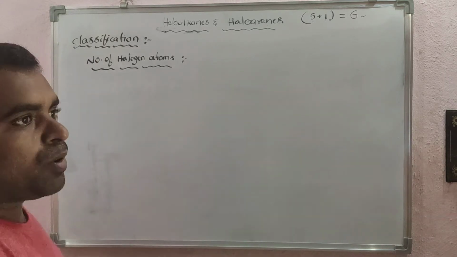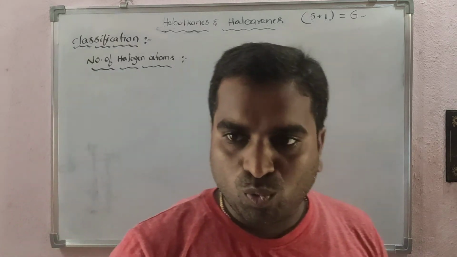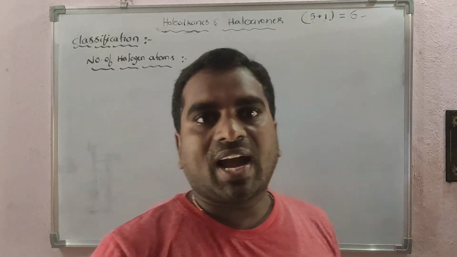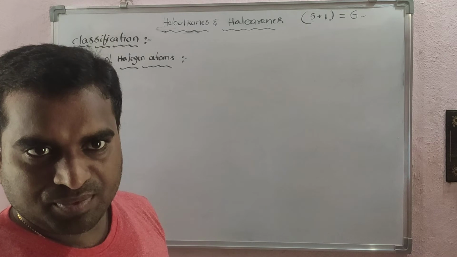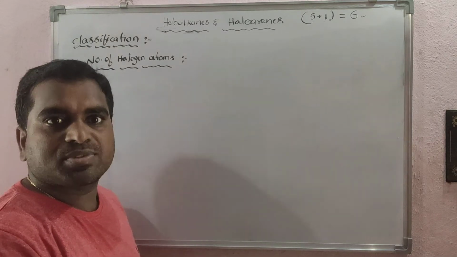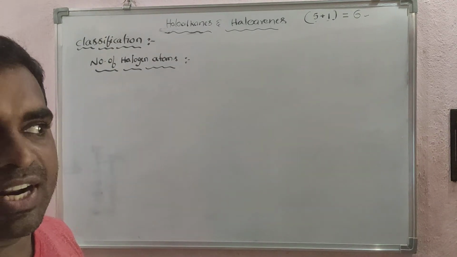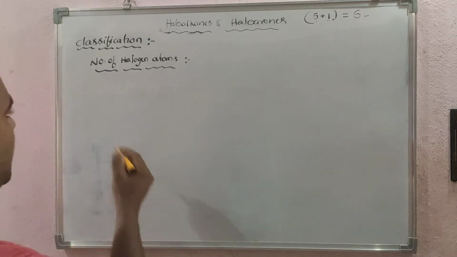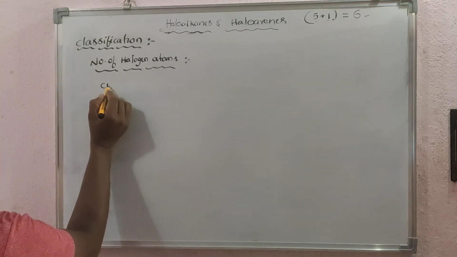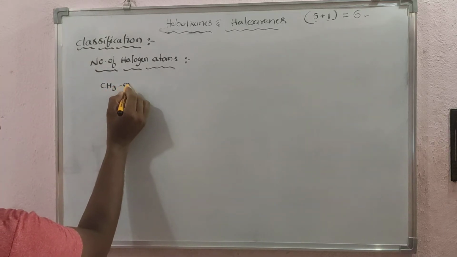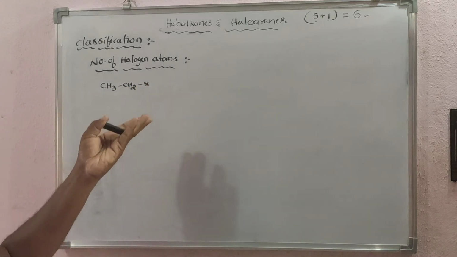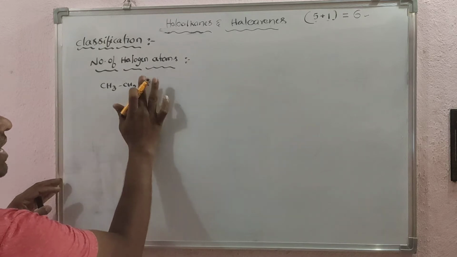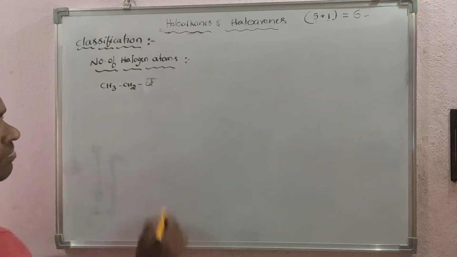Suppose if the compound has one halogen atom, that compound we will call a monohalogenated compound, and two halogen atoms, that we will call a dihalogenated compound. Simply I will write an example here. Suppose I take a simple compound, CH3CH2X. X can be any halogen, as already mentioned. Suppose I take the general example here, chlorine.